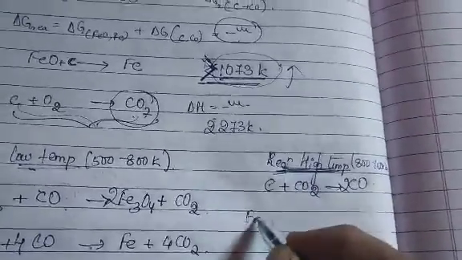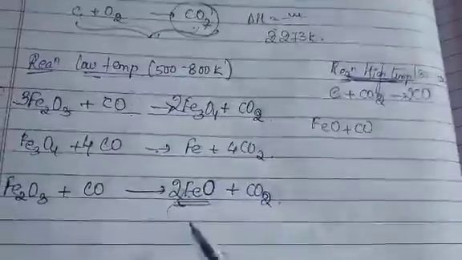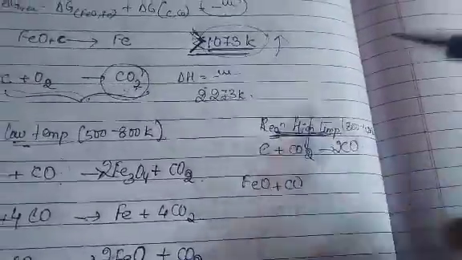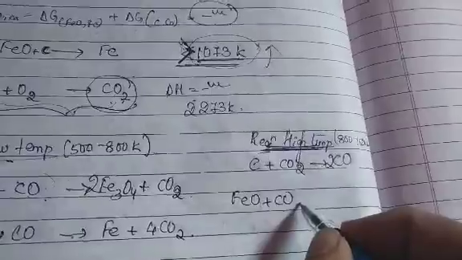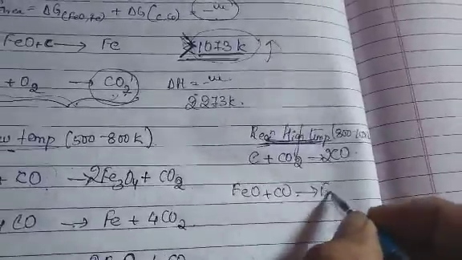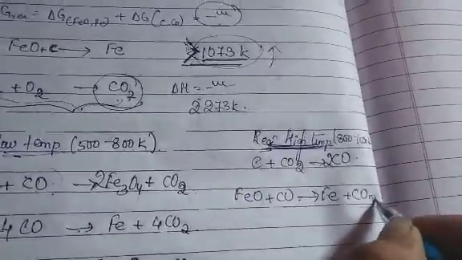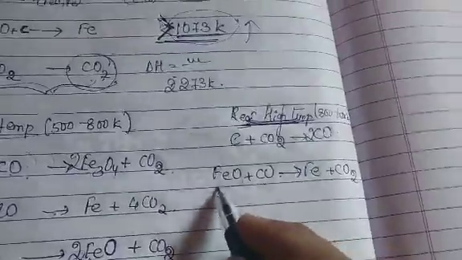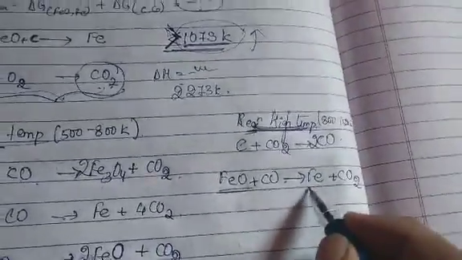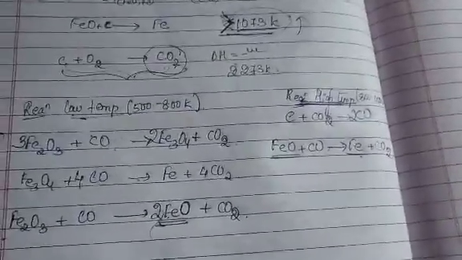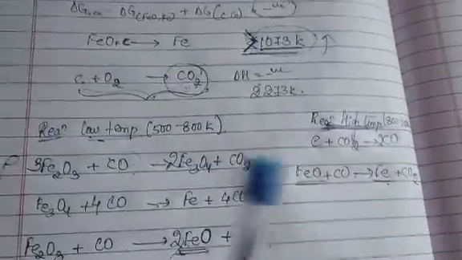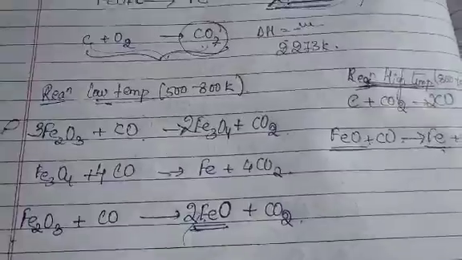Then FeO, which has been produced over here, comes down and reacts at the high temperature zone with carbon monoxide to give you iron plus CO2. So here you can see how our metal oxide has been reduced to metal. These are the main important reactions taking place in the blast furnace.